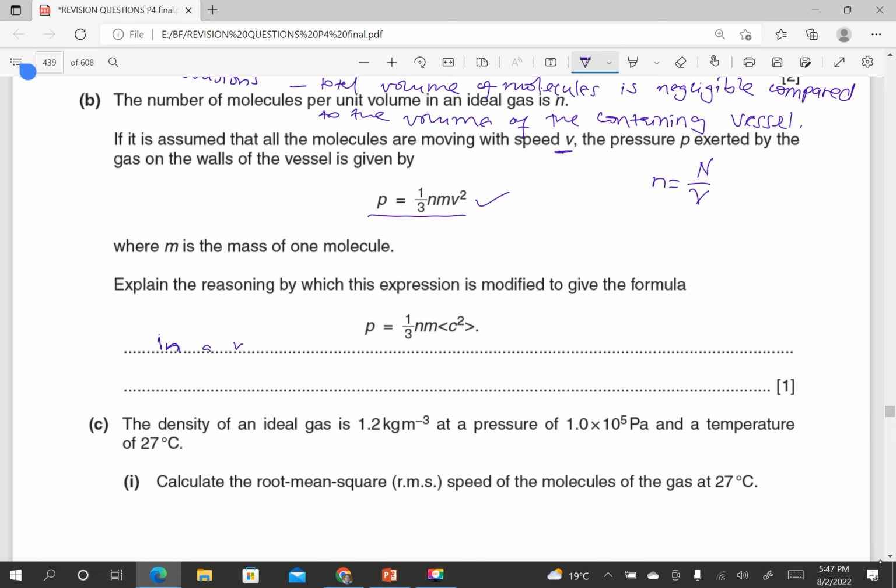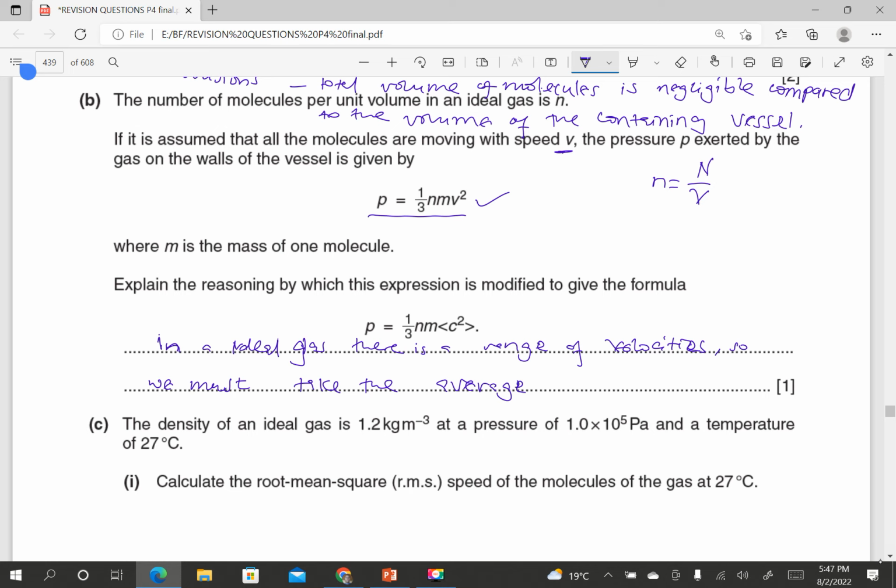In an ideal gas, there is a range of velocities. In other words, molecules of gases move with a wide range of velocities. So an average behavior of v squared must be taken. So we must take the average.